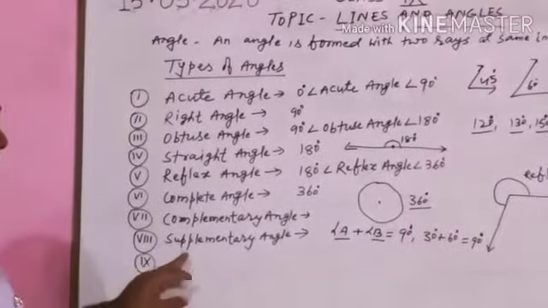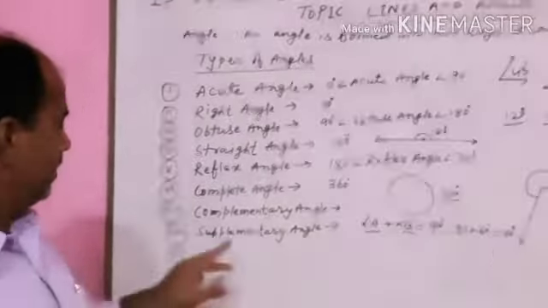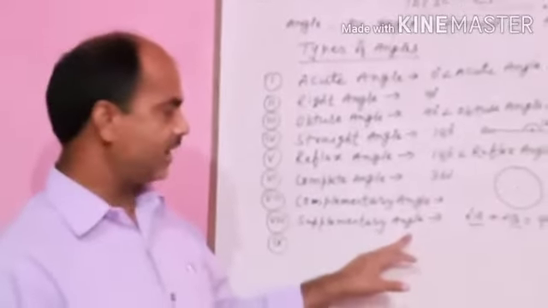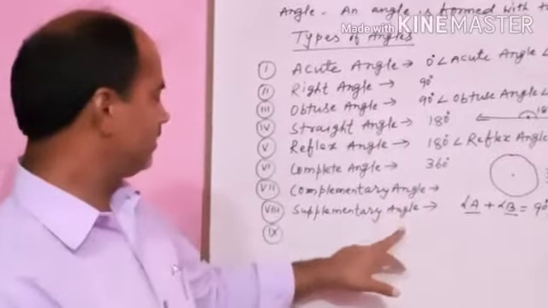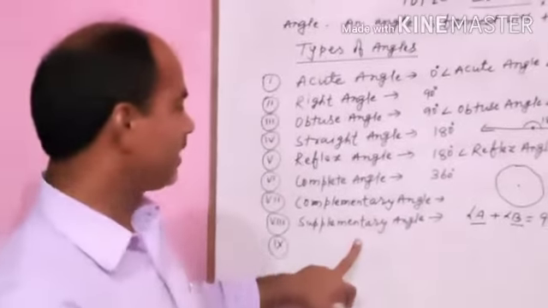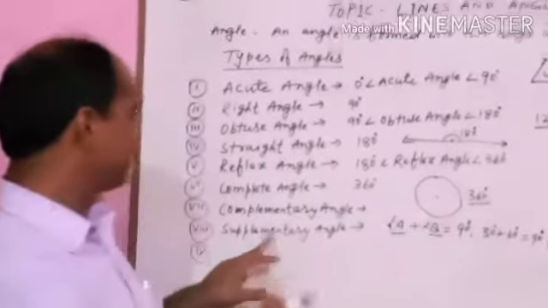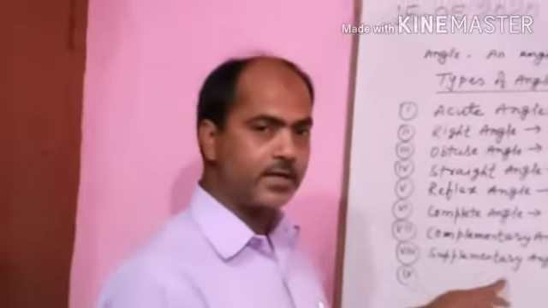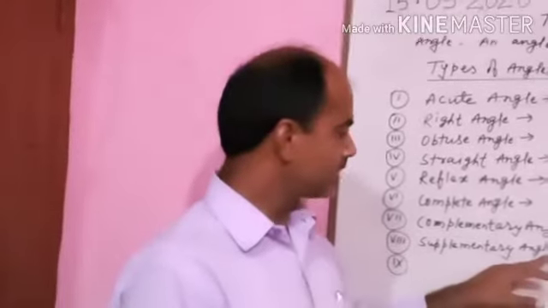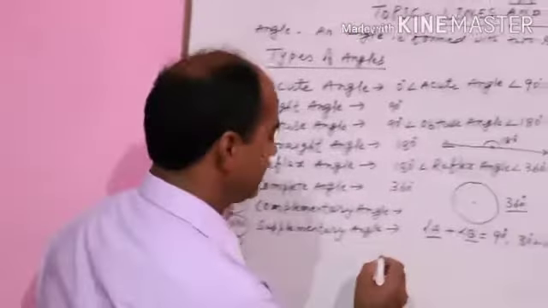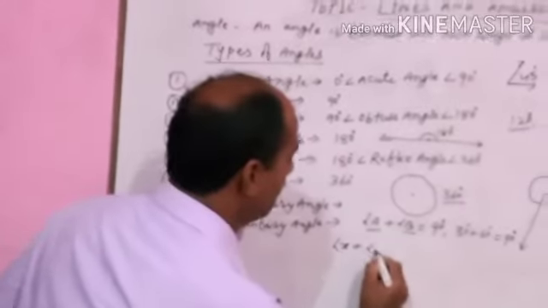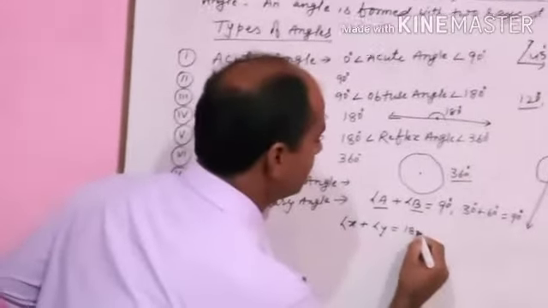Now students, supplementary angles. If the sum of two angles is 180 degree, that is called supplementary angles. Such as example, angle X plus angle Y equal to 180 degree.